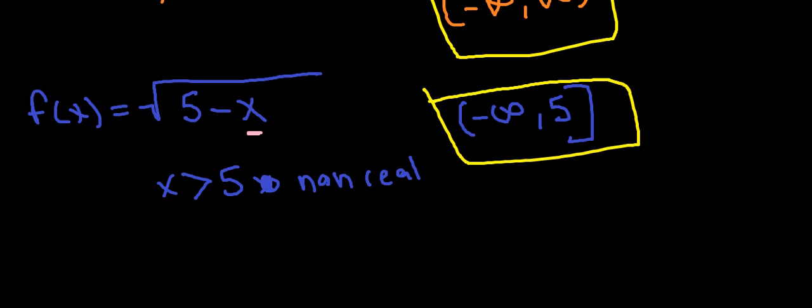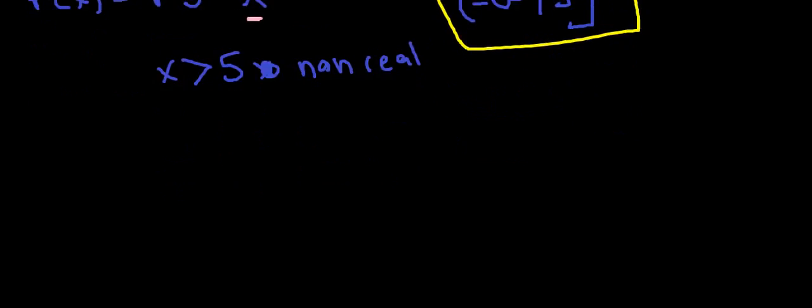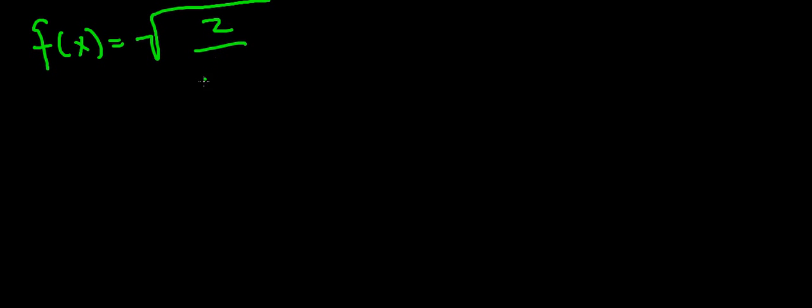We'll do one more. How about f of x is equal to the square root of 2 over x minus 1. So in this problem we have a situation where both may occur.